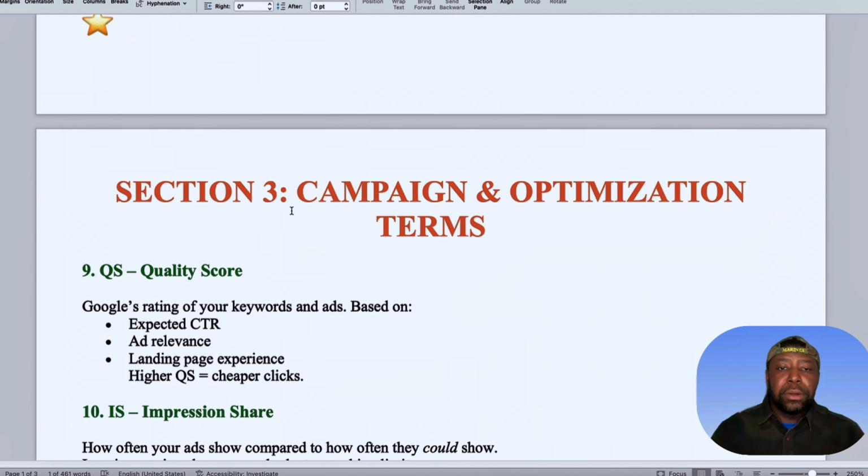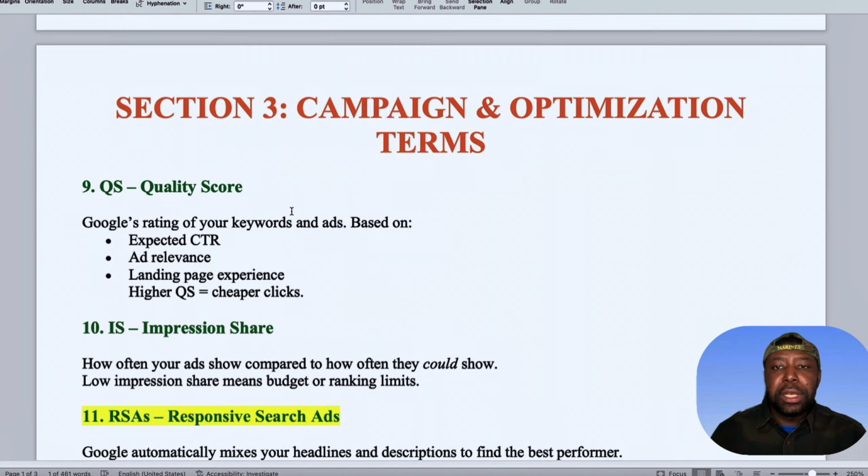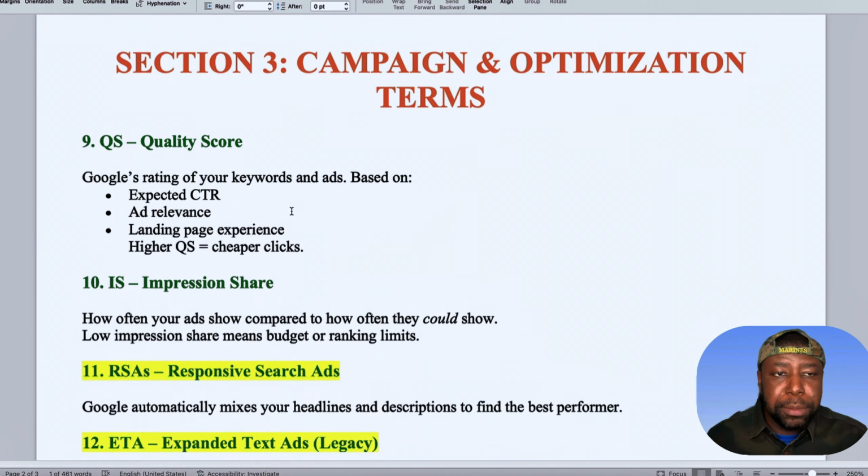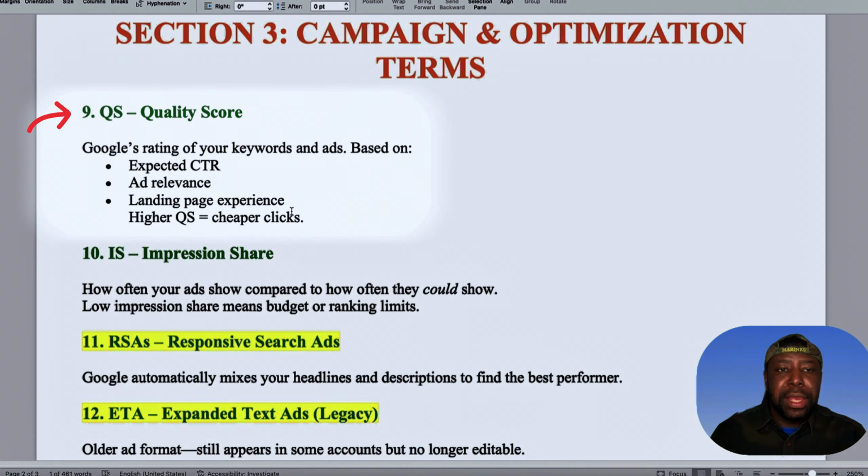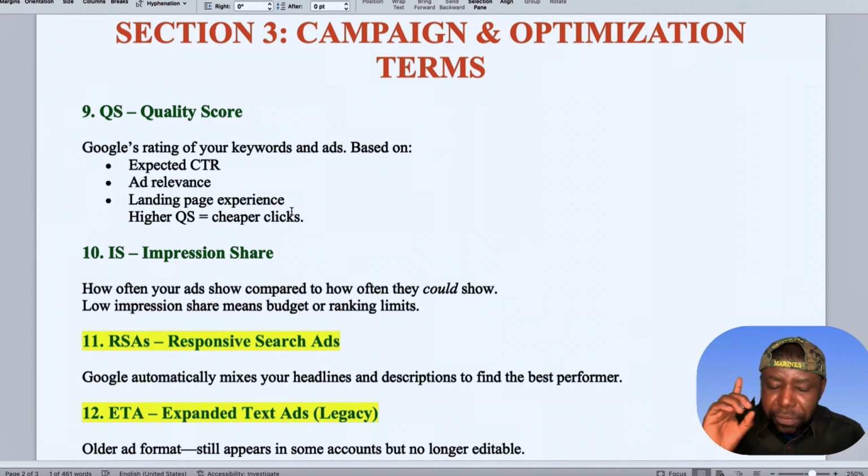Now we are on the third section, which is basically campaign and optimization terms. The first one here we have is QS. Quality score is very important because Google uses quality score to also boost your ads, whether it's showing your ads more or to more relevant customers, right? So it's very important, and you always have to optimize your ad so you have a very high quality score.